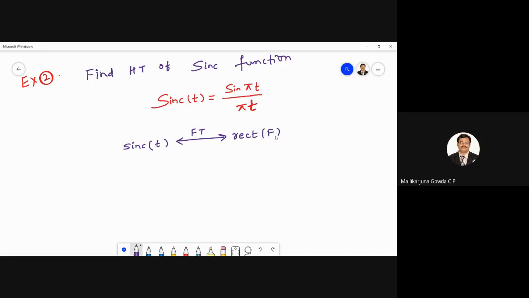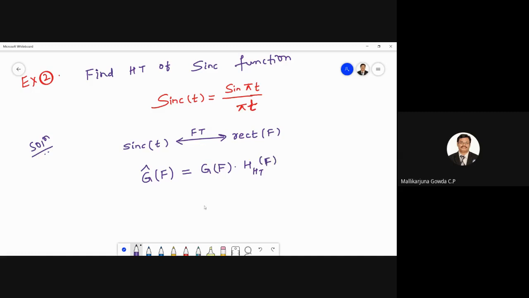And I just give a hint, just try to solve it. In frequency domain, G cap of f, that is the Fourier transform of the Hilbert transform, will be equal to G of f into the Fourier transform of the impulse response of the Hilbert transform.